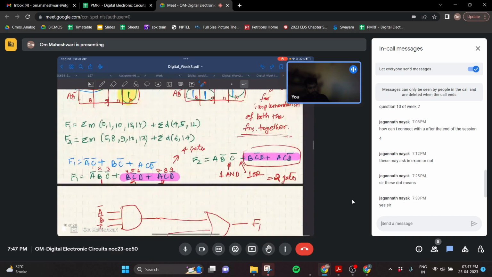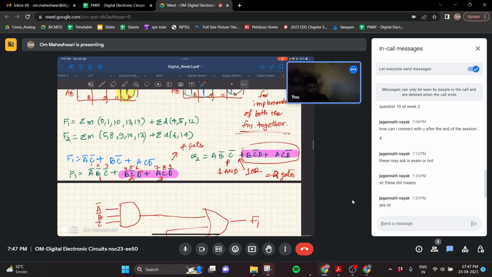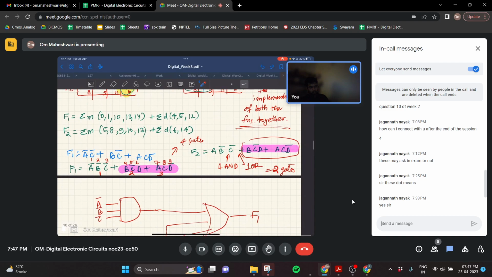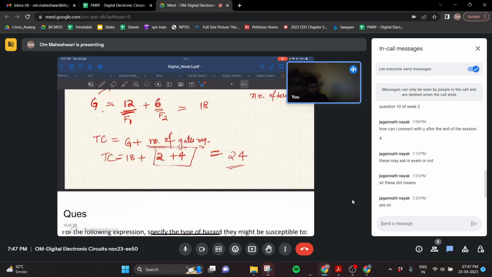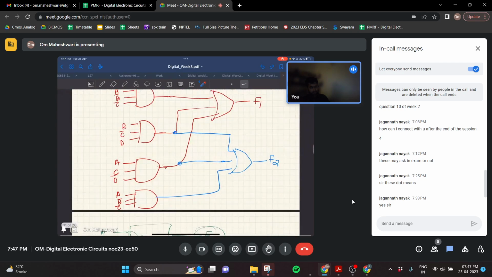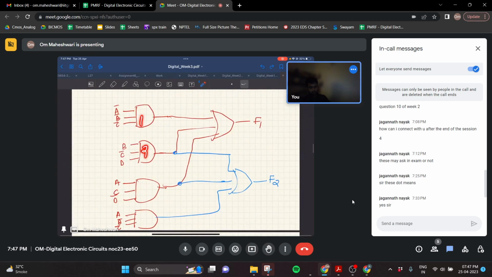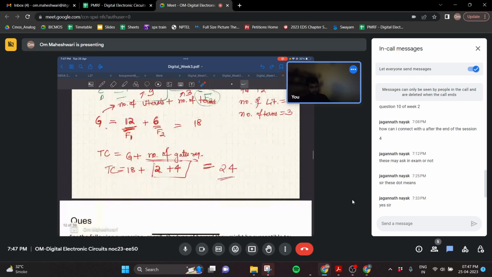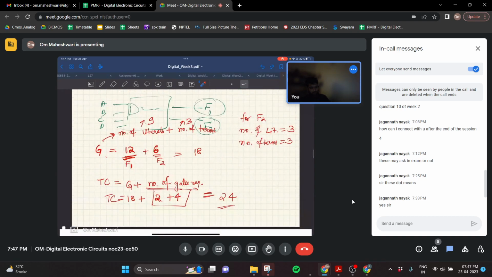So if you see the number of gates, we need four AND gates plus, so I've implemented it here. We need 1 2 3 4, 5, 6 gates. So 18 plus 6, that is 24 is the total cost.